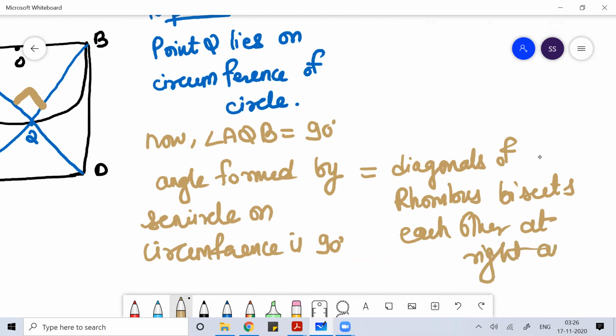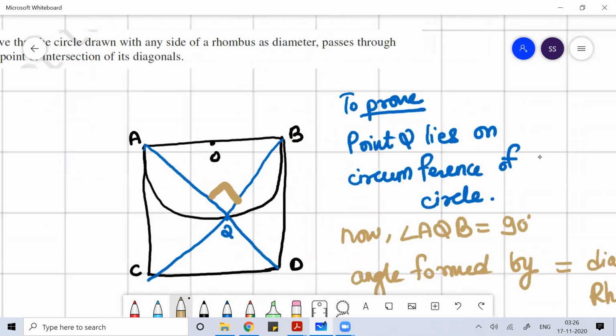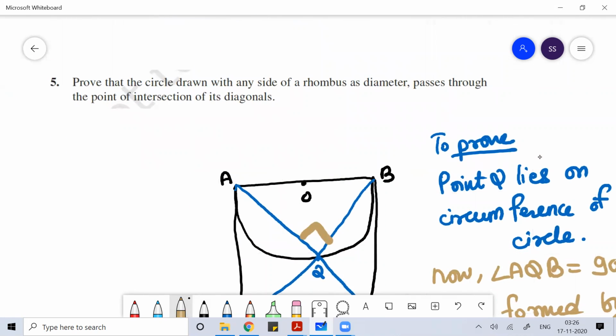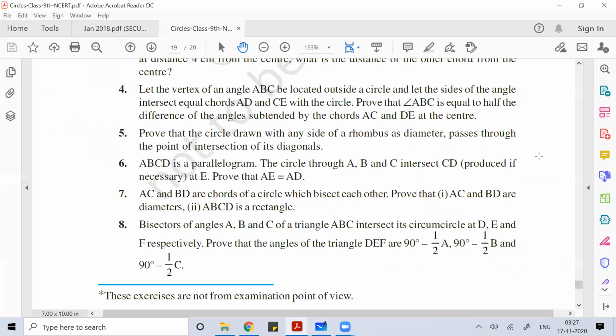So with that you can prove that Q lies on the circumference of the circle. It means that the point of intersection of the diagonals of this rhombus lies on the circumference of the circle. Question number 5 done.